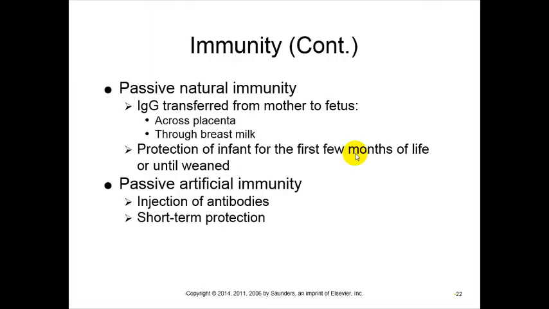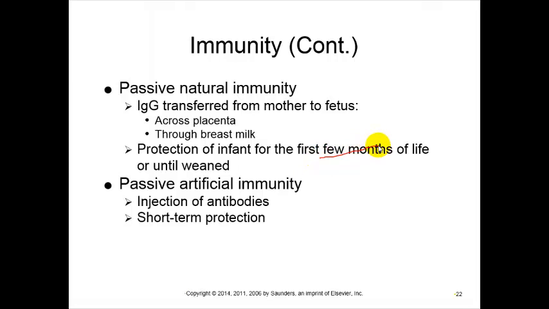The placenta is what connects the fetus with the mother, and believe it or not, the blood doesn't mix. They just go up to each other in the placenta, the blood vessels, and it transfers across. And then it can also transfer some through the breast milk. That's one of the reasons why they say breast milk is so good for infants, because it provides some IgG. And this will protect the infant for the first few months of their life, or until weaned.